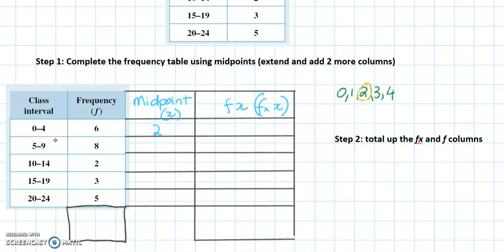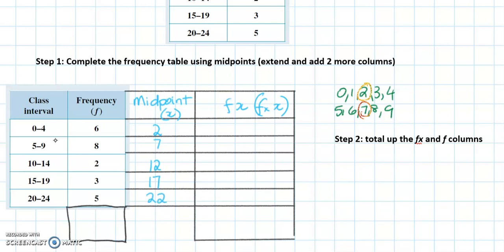Then you take the next one, which is 5, 6, 7, 8, 9. The midpoint is 7. Likewise, we get the pattern. Between 10 to 14, the midpoint is 12. The midpoint between 15 to 19 is 17. And the midpoint between 20 to 24 is 22.